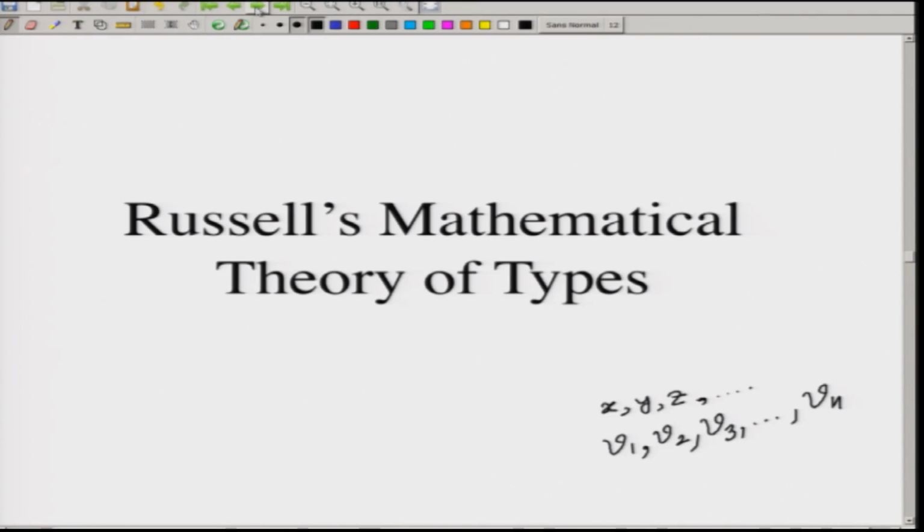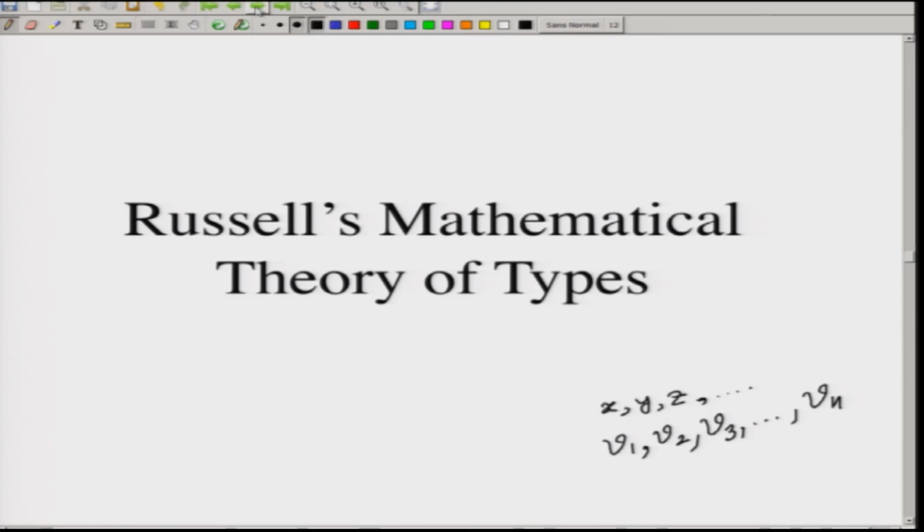For that we need higher order predicates, that is predicate of predicates and predicate of predicate of predicates and stuff like that. Doing that is not very easy. So in a sense we are going towards a type theoretical language, but what is the problem with such a language? We shall see that first.